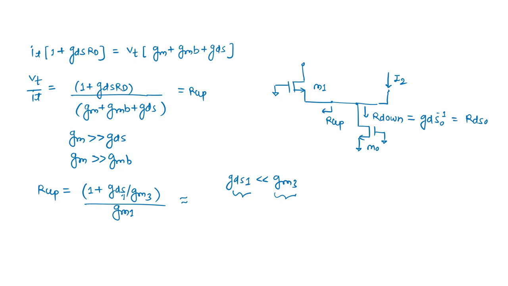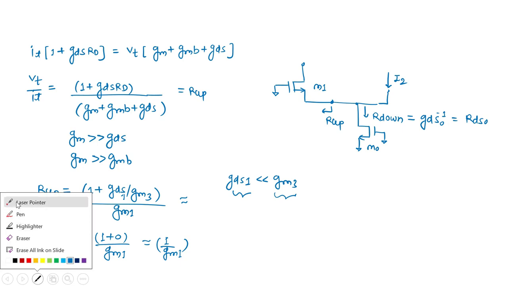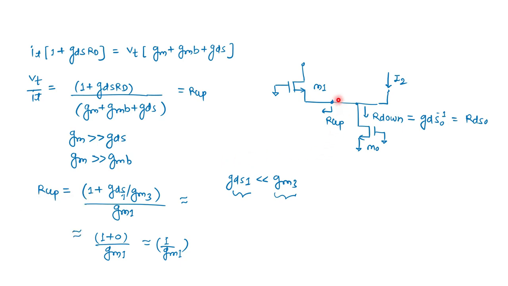So ideally this is approximately 1 plus 0 divided by GM1. So overall, the looking-up impedance at this node is 1 upon GM1.